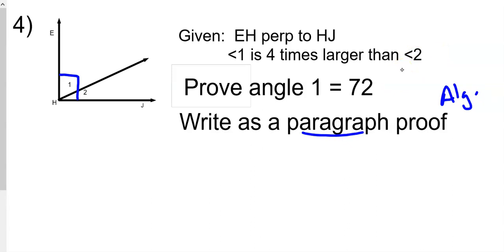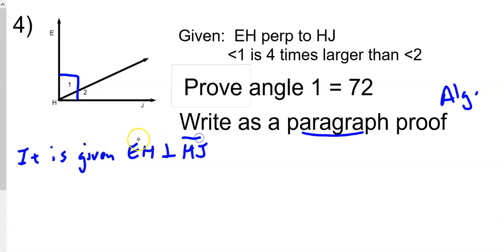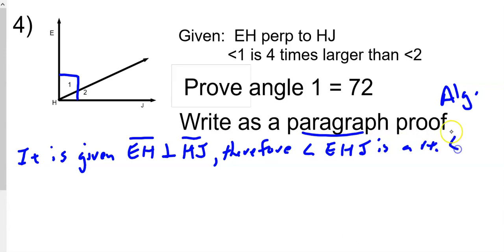So let's go ahead and start with our givens here. It is given EH is perpendicular to HJ. I know I don't have the segments on there, but I'll put them on there. Therefore, angle EHJ is a right angle because perpendicular implies right angles.